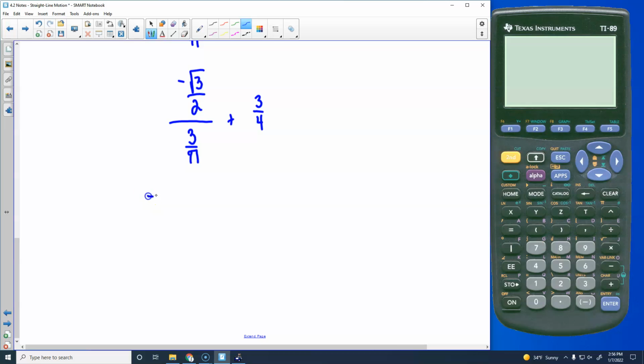And that's going to be negative root 3 over 2 times pi over 3 plus 3/4. So I got negative root 3 pi over 6 plus 3/4. I don't know what value that is, but remember we're thinking about velocity here. So what we care about is whether or not this is positive or negative.